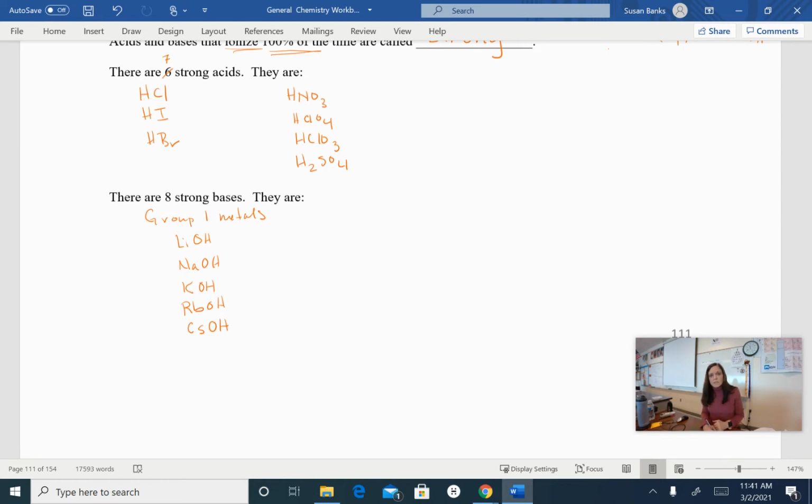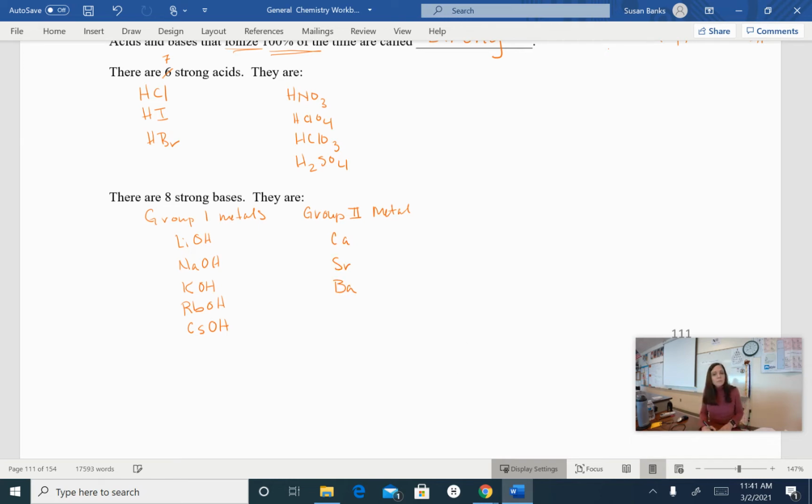All of those will dissolve in solution really readily to create metal positive ions and then the hydroxide negative ions and dissociate and ionize 100%. Okay, and we have 3 that are in the group 2. Not all group 2 metals will do this. Just 3. And the 3 that will do this are calcium, strontium, and barium.